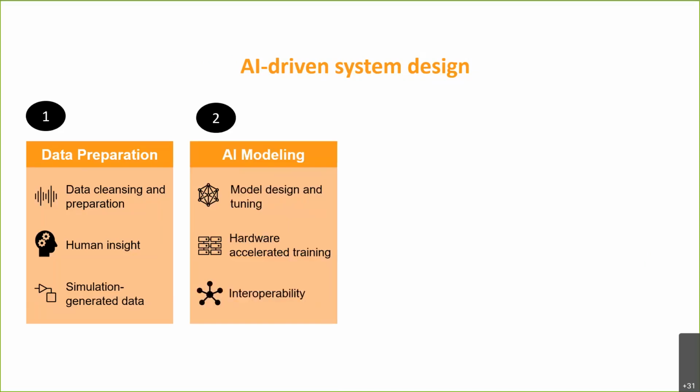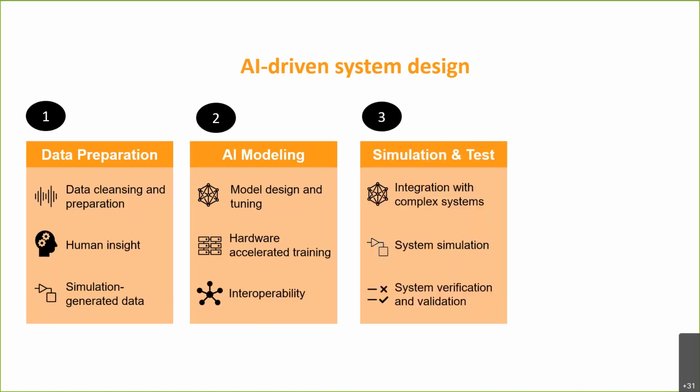Second, algorithms and modeling: the model design, the neural network design, the hyperparameter tuning, and adopting GPU computing power to train the model. Third, simulation and testing: testing the accuracy of our system and integration with a complex system.